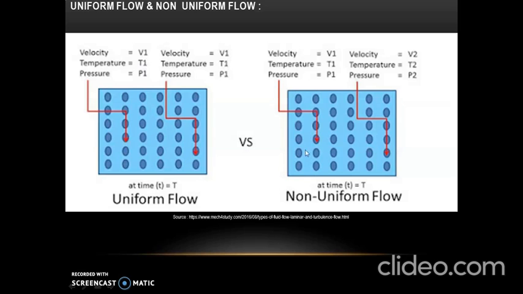Whereas in case of non-uniform flow, we observe that velocity, temperature and pressure at location 2 is different from that of velocity, temperature and pressure at location 1. So at location 1 it is V1, T1, P1, and at location 2 it is V2, T2 and P2.